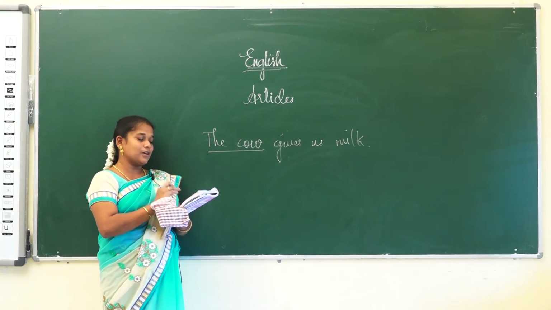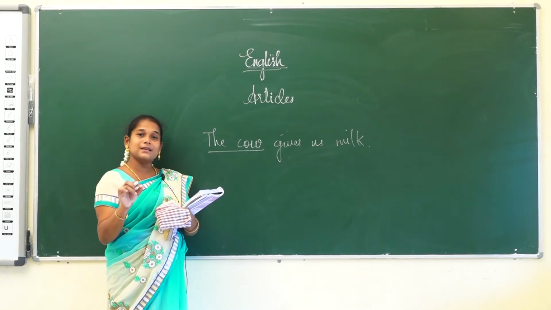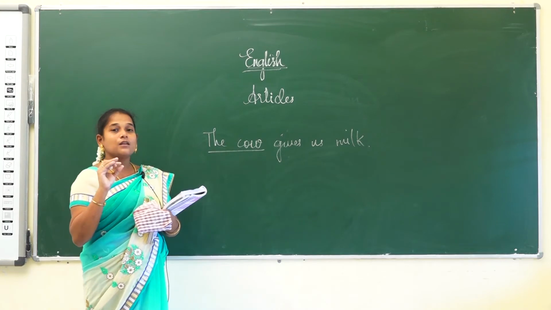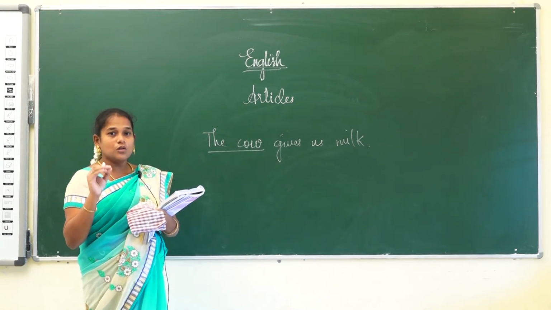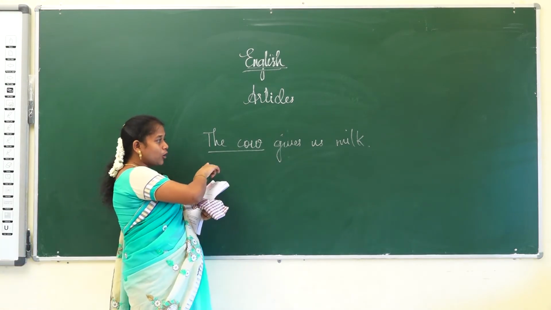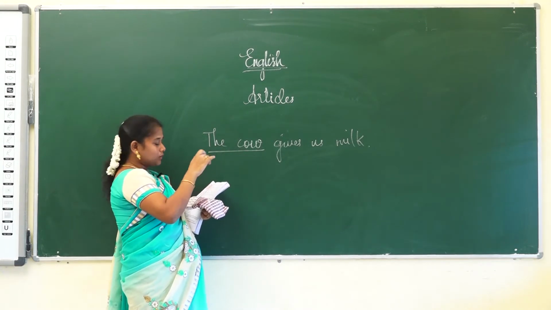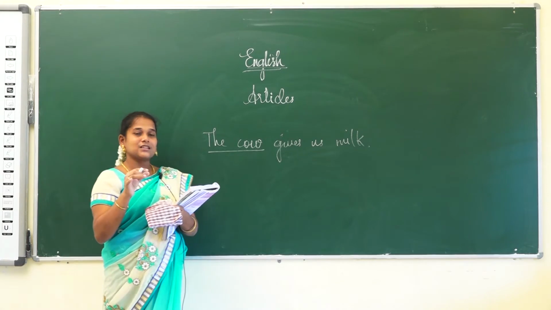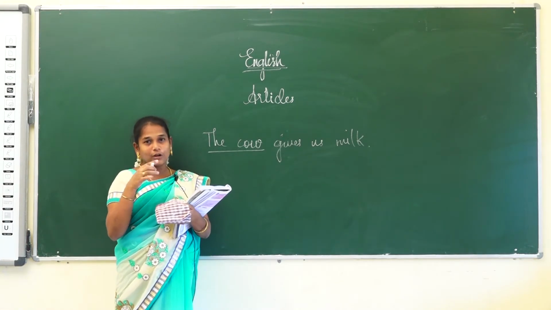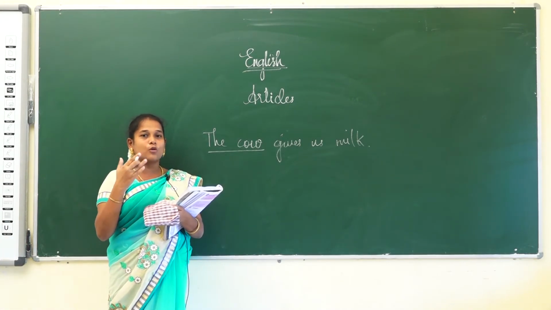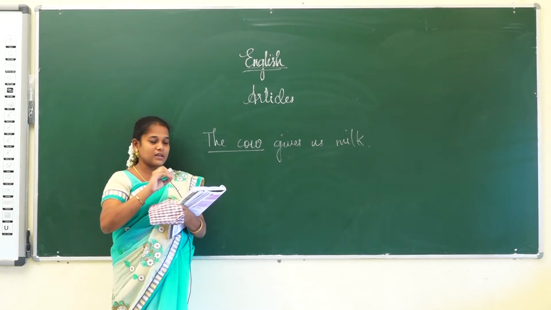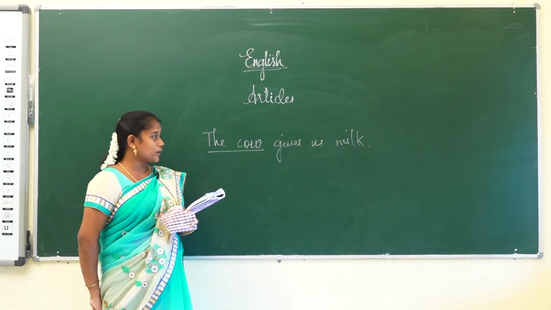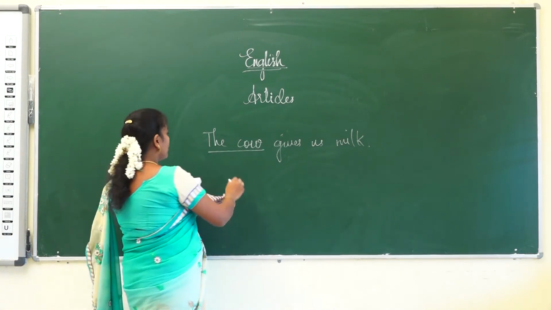When it is clear to the listeners that they have a clear concept of what they are reading about, like now we are talking about the animal, the cow, the judge, the teacher. When the reader knows that we are going to read or listen about the thing which we are going to say, then we will use the word the. The cow gives us milk. The judge found him not guilty.